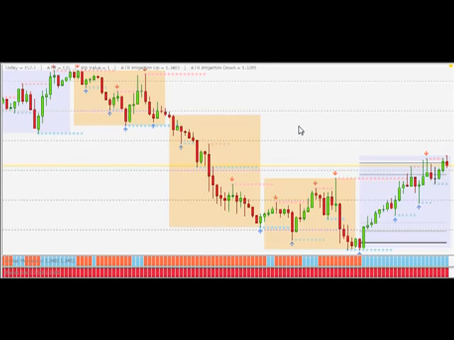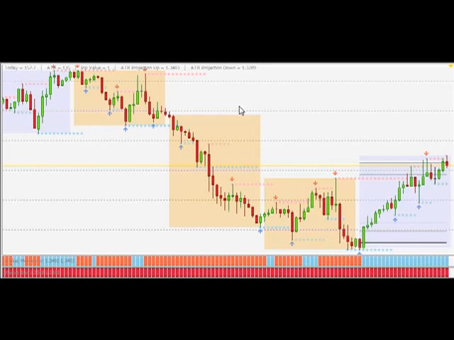Okay, one of my favorite things is these lines and these numbers up here work in conjunction. What these numbers show you is the average true range for the day. So basically, on average, how much does this currency pair move in a day?